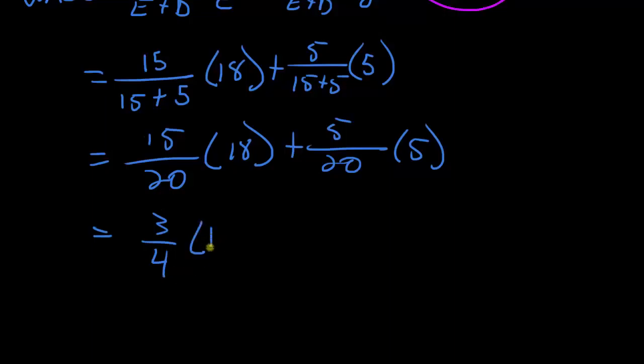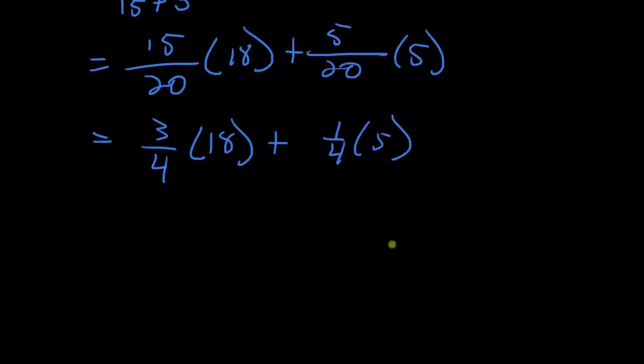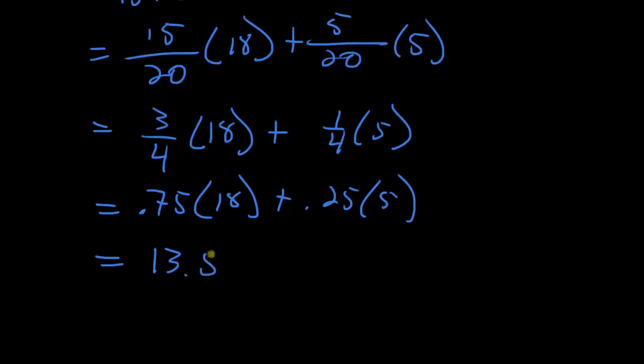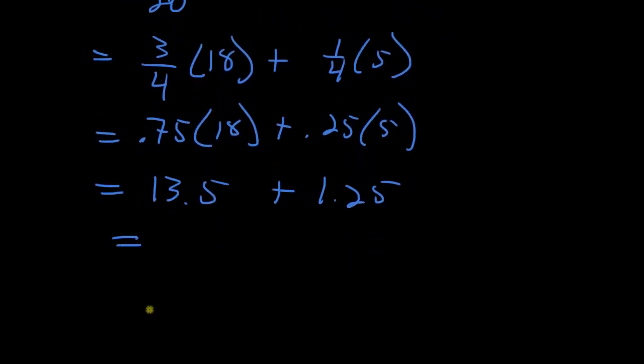And this turns into 3/4 times 18, or yeah, we'll go the long way, 3/4 times 18 plus 1/4 times 5, which is the same as saying 0.75 times 18 plus 0.25 times 5. 0.75 times 18 is equal to 13.5, plus 0.25 times 5 is 1.25, which gives me a WACC for this project of 14.75.